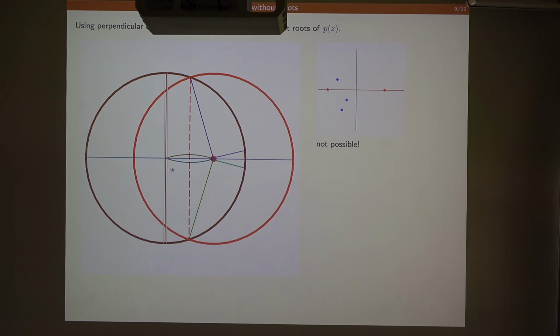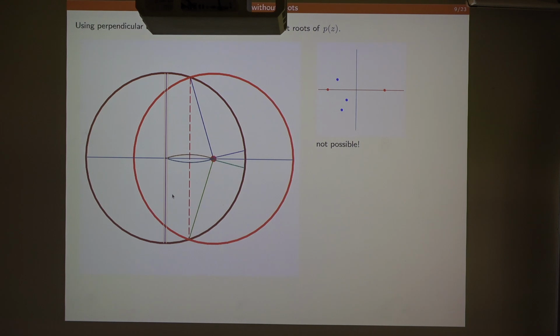Because if we consider a root here, the perpendicular bisector does not intersect the lune. Consequently, there is no root on the x-axis between 0 and Z1, the root of P. It's okay? Yes? I repeat? Yes.